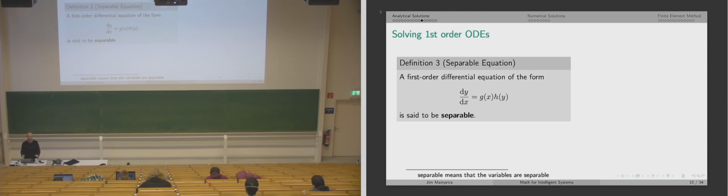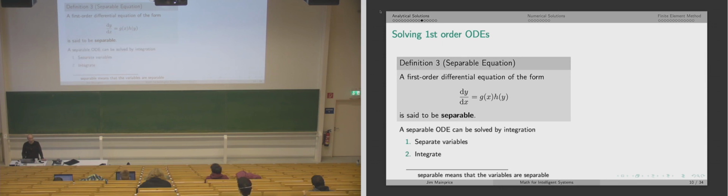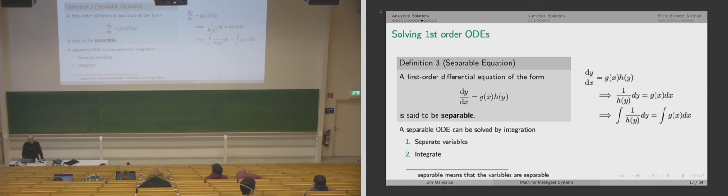Okay, that's called separable. And of course, that's ideal, because if you have it this way, you can just separate the variables, put the dependent on one side, the independent on the other side, and then integrate, and you're done. So that's the technique that we used again for the circle.